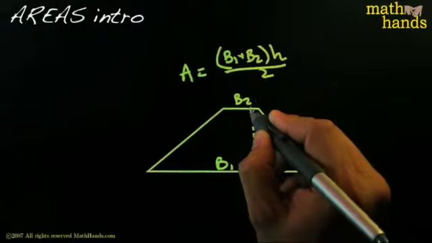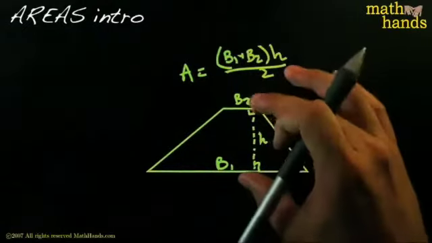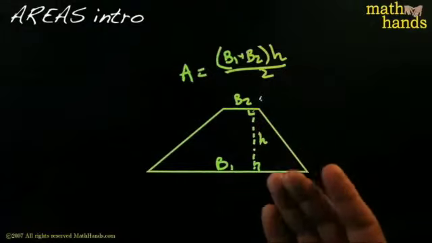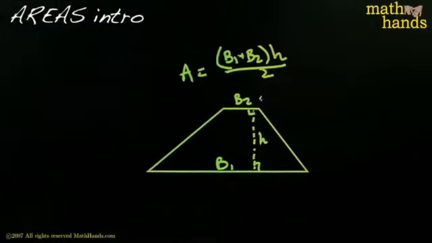This is H, the one that makes a perpendicular line with both of those. And there's the super famous formula for a trapezoid.